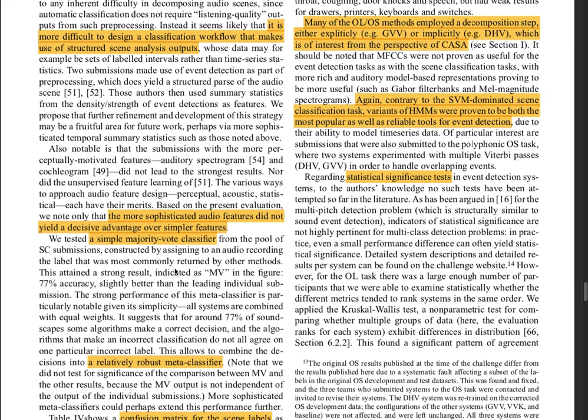What was the reason which we gave for this? If I have, let's say, 10 individual classifiers giving me some levels of accuracy, now I construct a new classifier by combining, by fusing, the results of all these classifiers.